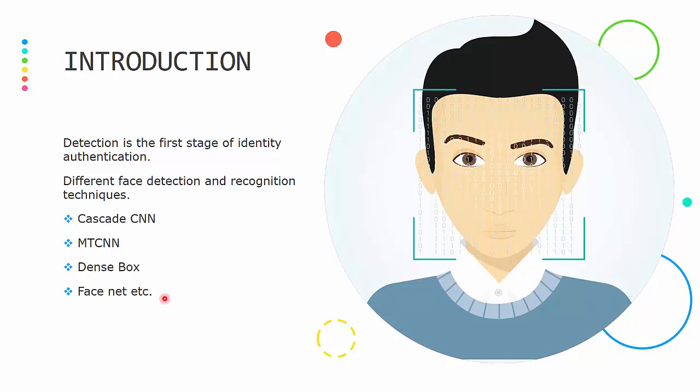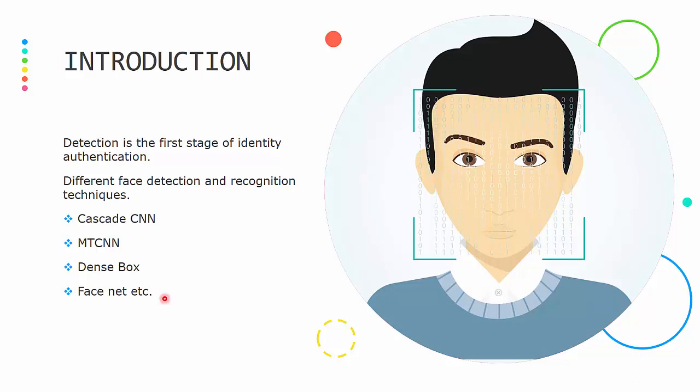Cascaded CNN uses a cascaded convolutional neural network to detect faces. The overlapping bounding boxes are removed by non-maximum suppression. Coming to MTCNN, it also uses a similar cascading structure but also predicts five landmarks of faces like eyes, nose, mouth corners. The third one is DenseBox.